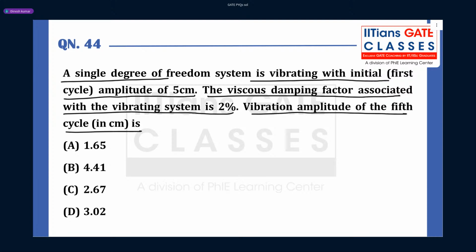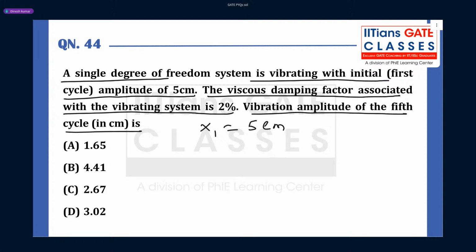So what is given? X1 is given, the first amplitude, right? We can say the initial amplitude of first cycle. So x1 is how much? 5 centimeter. Now guys, what is given? Viscous damping factor.